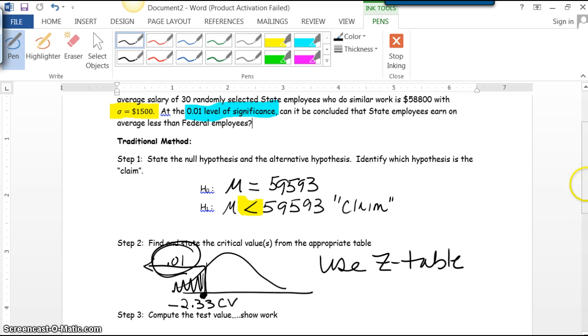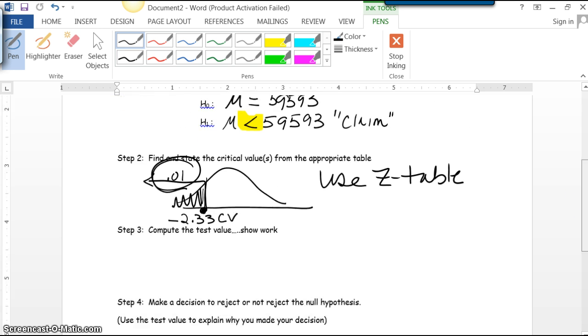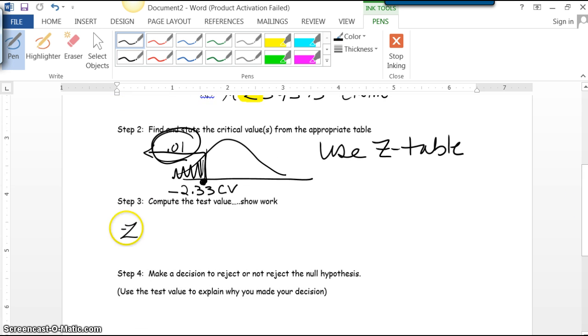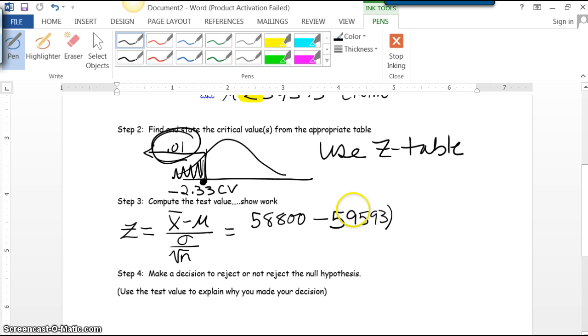Then we'll calculate our test value, and you calculate your test value using this formula. So we'll put the mean that they got from their sample in here. It was the 58,800. You subtract away the hypothesized mean, which was 59,593.